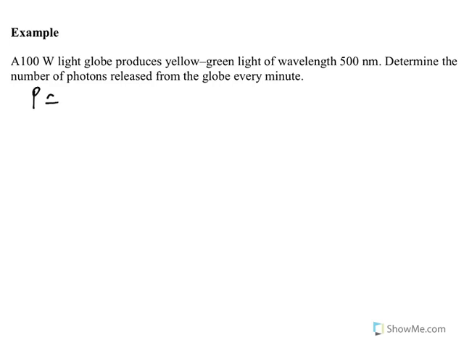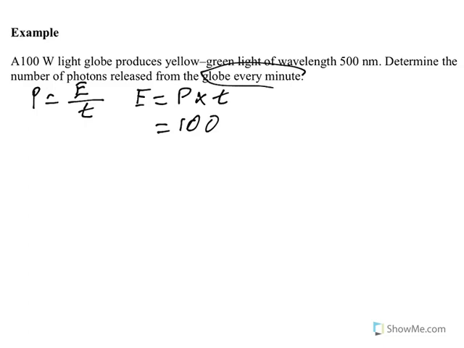Remember, power is energy over time, so the energy will be the power times the time. The power is 100, and every minute is 60 seconds. So that is 6,000 joules of energy.